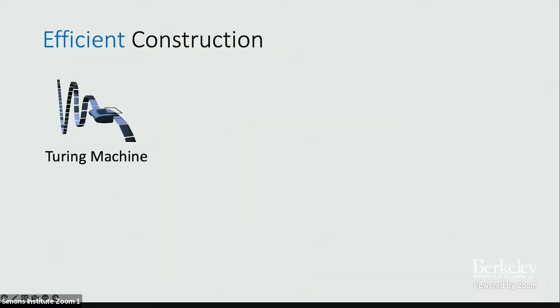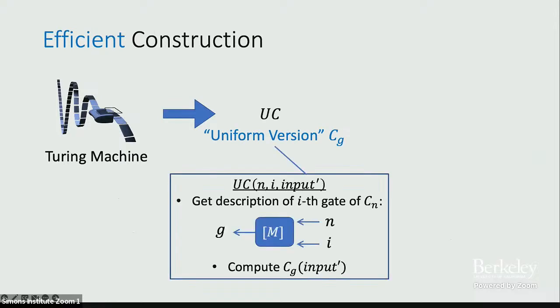So this leads to the following efficient construction of I/O for Turing machine. Given a Turing machine, we first build a uniform version of this circuit Cg. This uniform circuit takes the input length n and then the index i, which specifies a gate in the circuit Cn.